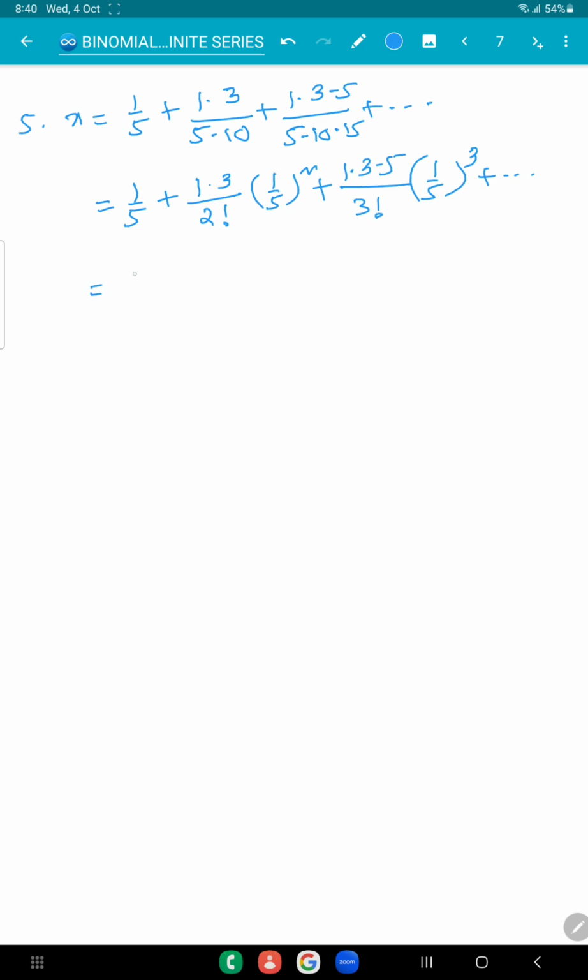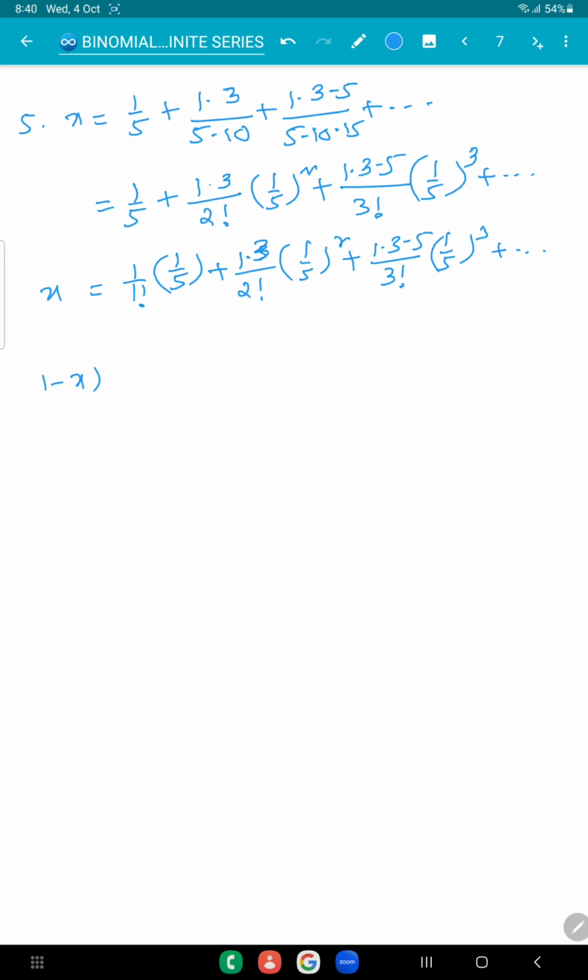Observe that this can be written as 1 by 1 factorial into 1 by 5, that is there, plus 1 into 3 by 2 factorial into 1 by 5 whole square, 1 into 3 into 5 by 3 factorial into 1 by 5 whole cube plus and so on. This is x, right? But in the expansion we need 1.